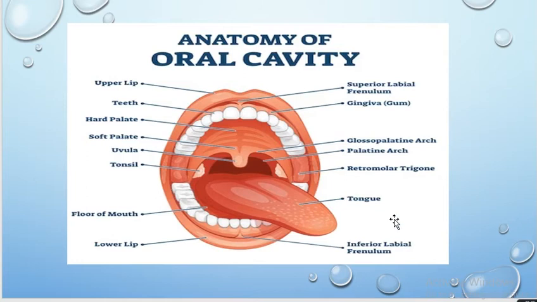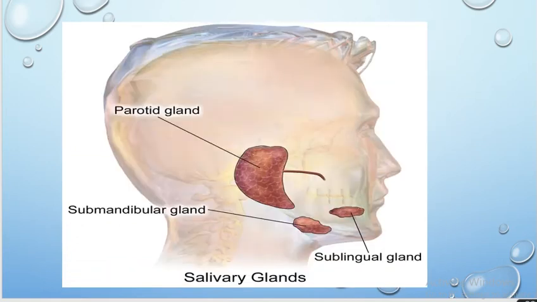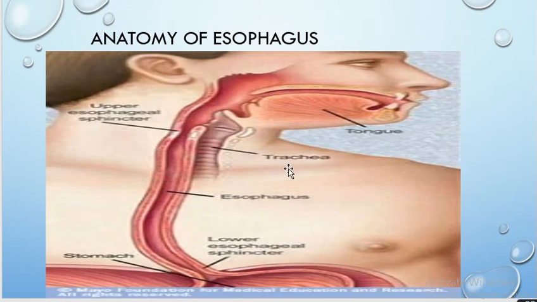So these are the basic anatomy of the oral cavity and the glands. Now I will talk about the anatomy of the esophagus. The esophagus is the food pipe, the connection between the mouth and stomach.